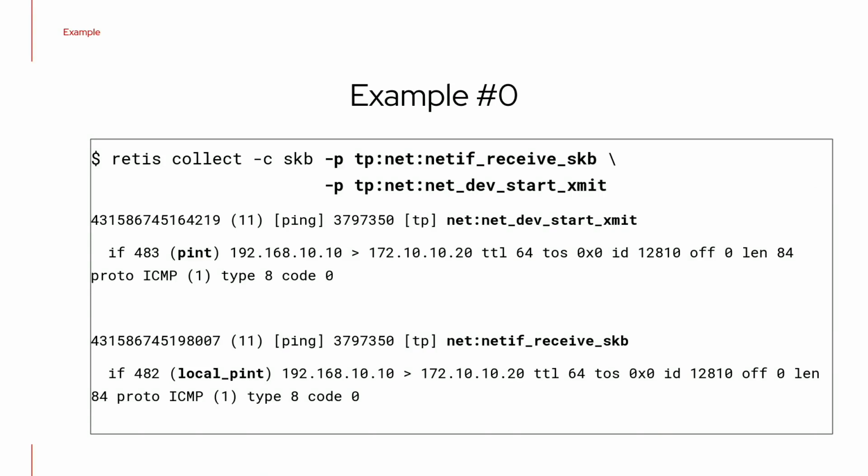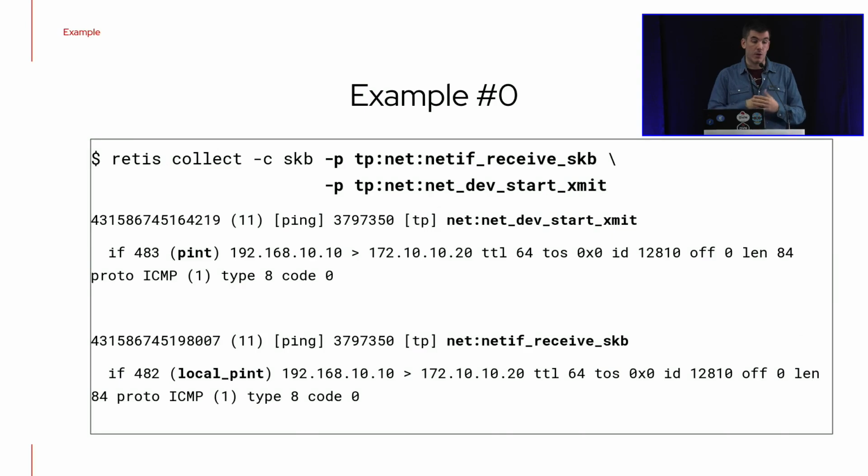And Retis will print the event, the place where the packet was seen, and the header information. So it is very similar to what tcpdump would show. We see it is going through at least a couple of network devices. During the presentation, we will be enriching this example with more arguments, with the end goal of better understanding what is going on with this ICMP traffic.